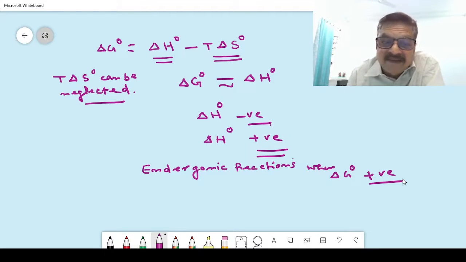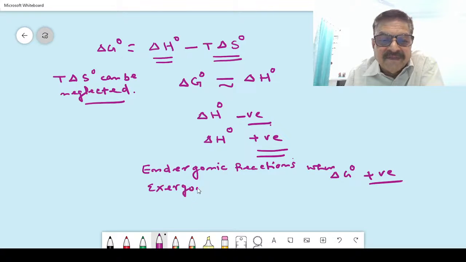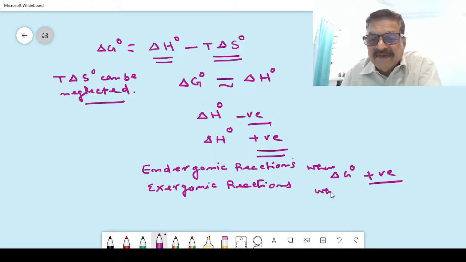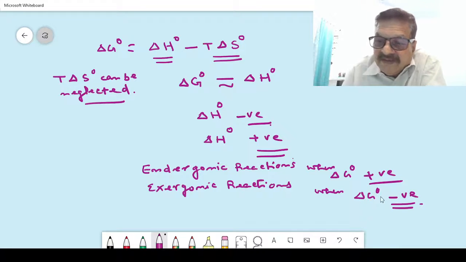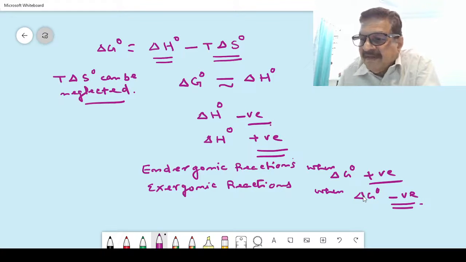Then exergonic, just like exothermic, exergonic, when delta G is negative.